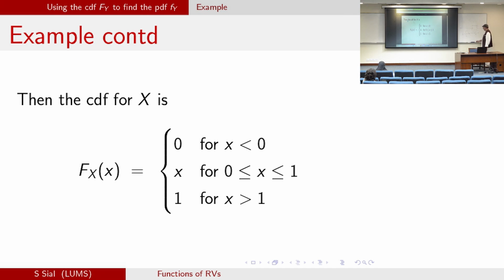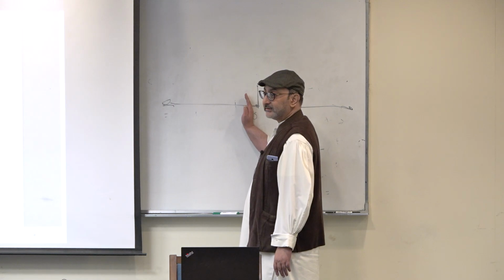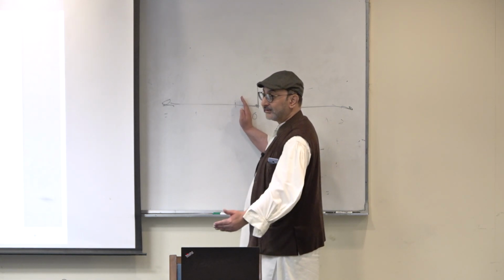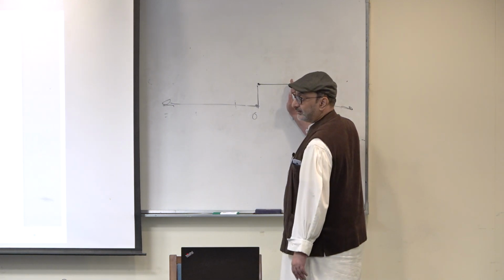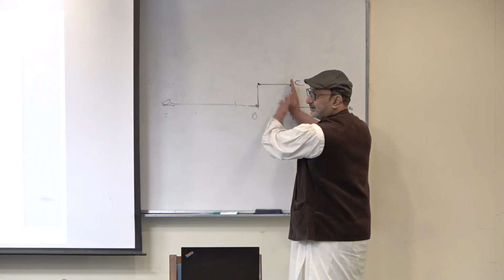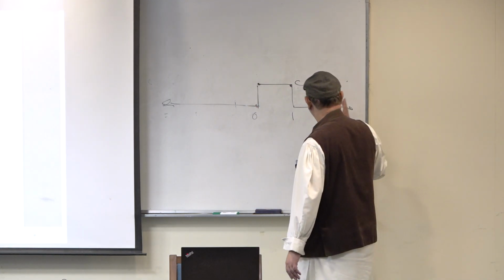How do you find the CDF from the PDF? You integrate. So what's the probability of taking a value less than 0? 0. What's the probability of taking a value less than 1? Well, all the probability is here, so it's 1.